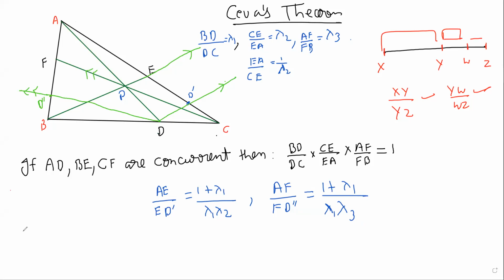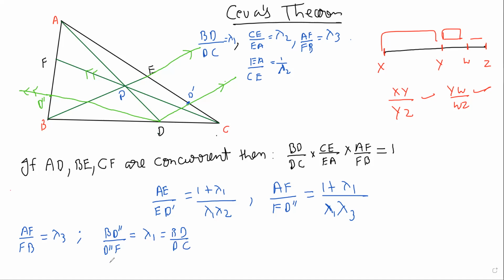So we know that AF by FP. You guys also do the calculations. That FT prime is equal to PT by DC. That is lambda 1. That is PT by DC.